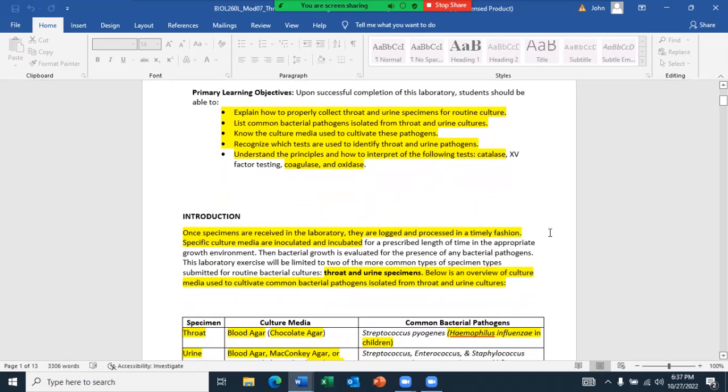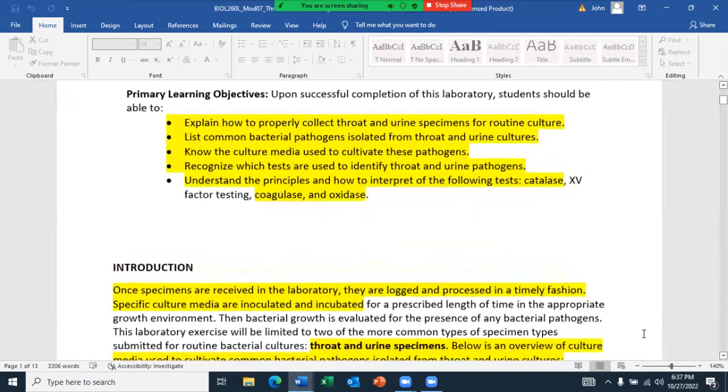So the learning objectives for today: upon successful completion, you should be able to explain how to properly collect throat and urine specimens for routine culture. Be able to list the common bacterial pathogens isolated from the throat and urine cultures. Know the different culture medias we use to cultivate these pathogens.